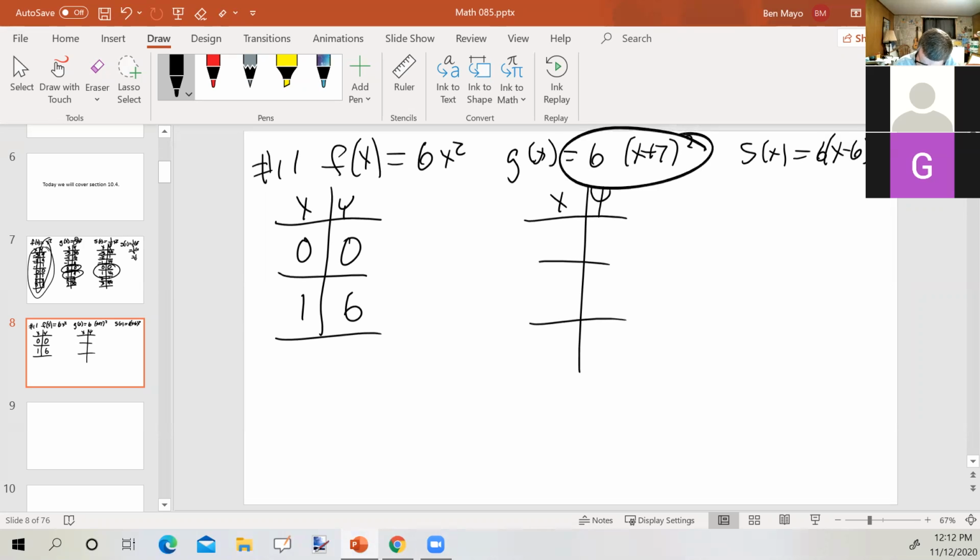How is this graph going to compare to that graph? It's going to be 7 to the left. Correct. So you know what? Let's not even find any points. Let's just go back here.